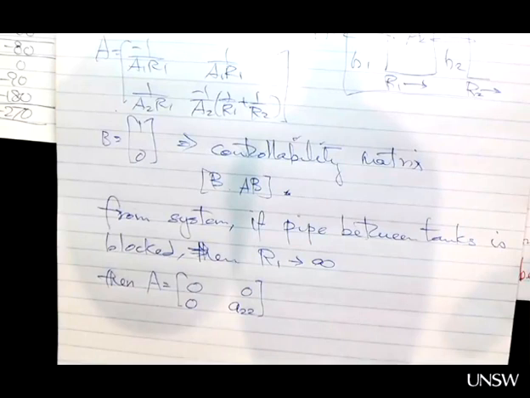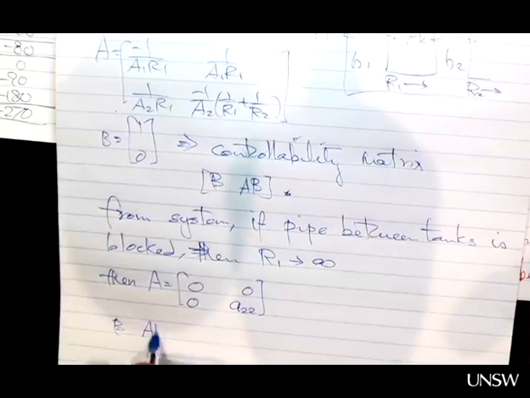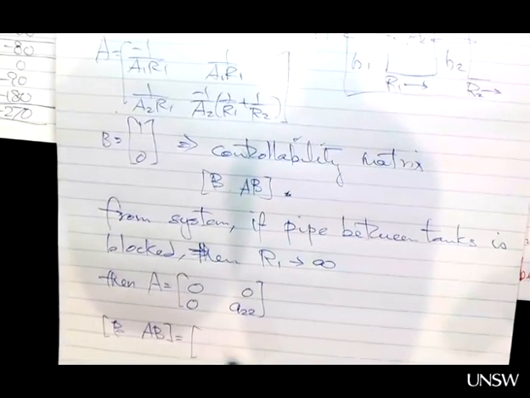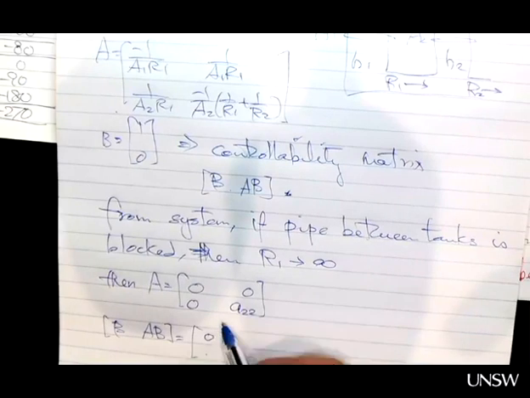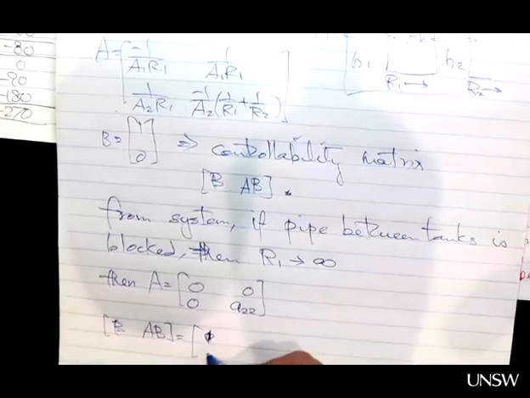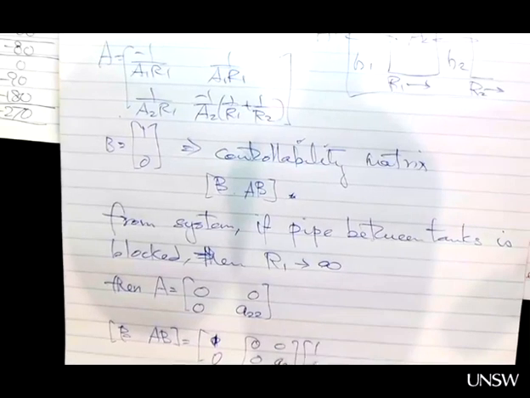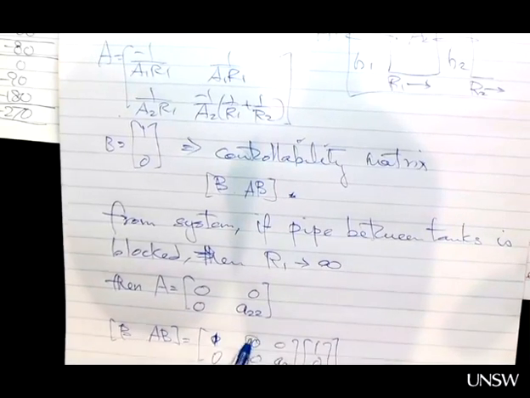Then the controllability matrix B, AB, with B matrix being 1, 0, is 0, 0, 0, 0, all 0.